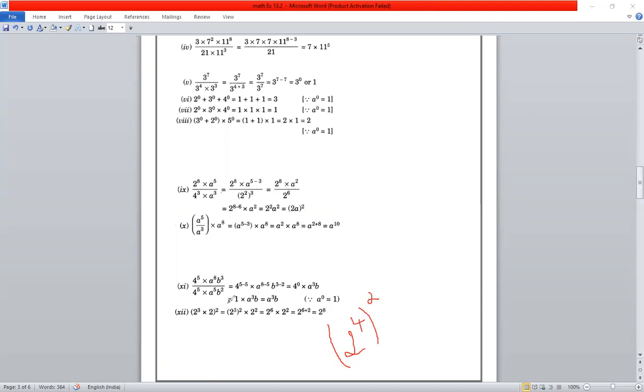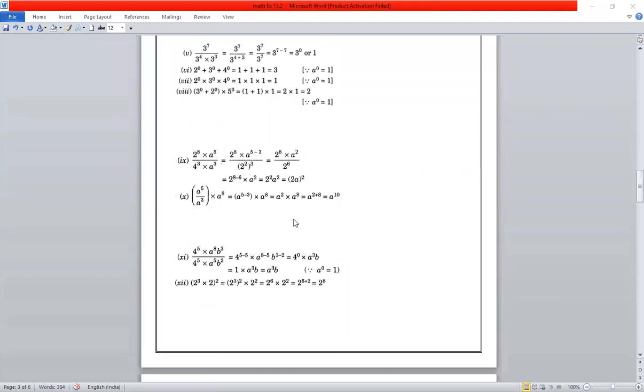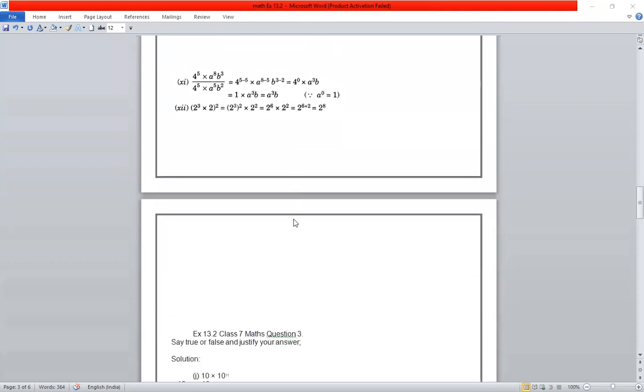So both the methods are correct. Here both the bases are same, add the powers. 3 plus 1, nothing is there means 1 here. 3 plus 1 is 4. Power to the power is 4 to the 8. The same answer I am getting. So like this we have to use the exponent laws and complete our solution.